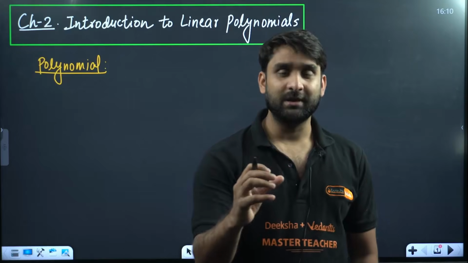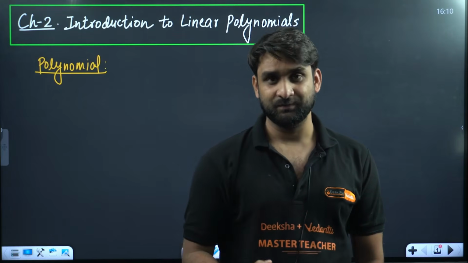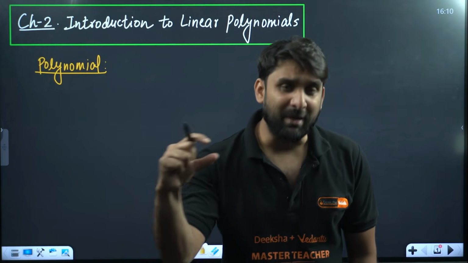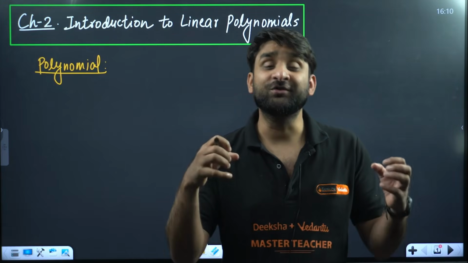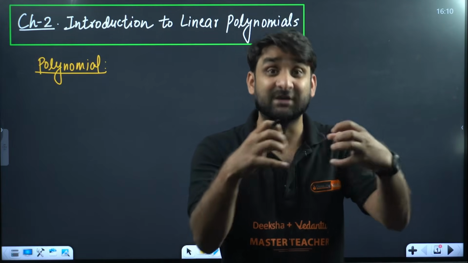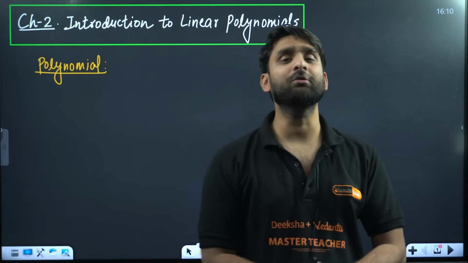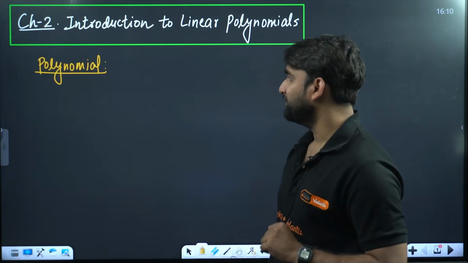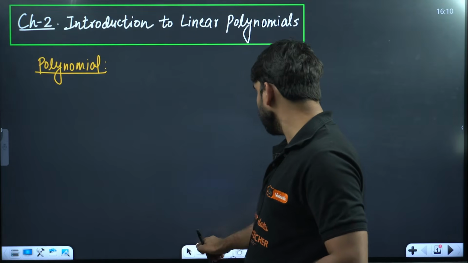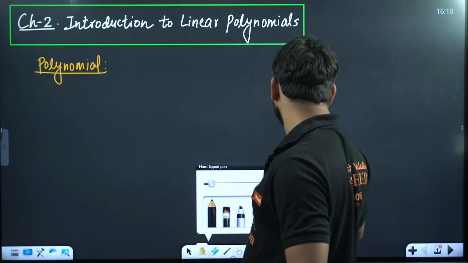A polynomial is an algebraic expression in a very systematic manner when a few variables and a few constant terms combine. That is called polynomial. For example, my dear champion, let me give you the definition first here for polynomial.